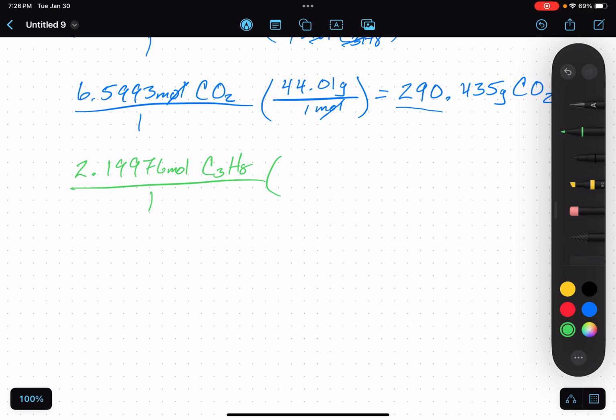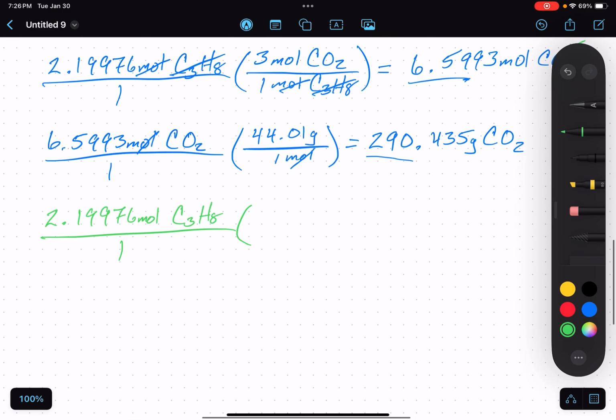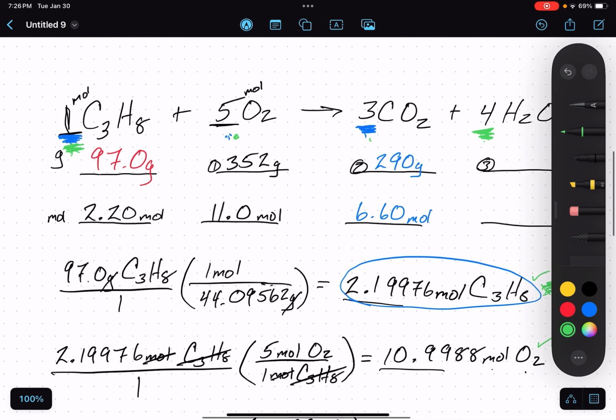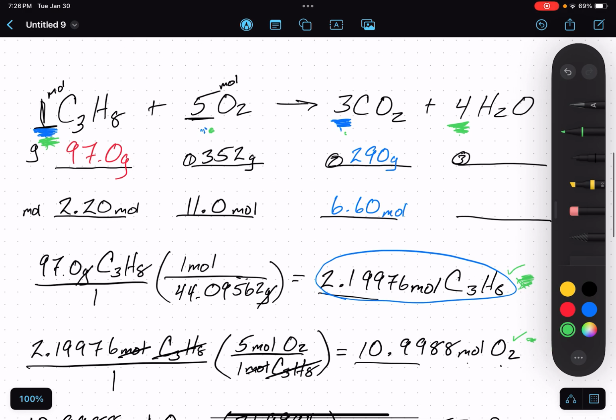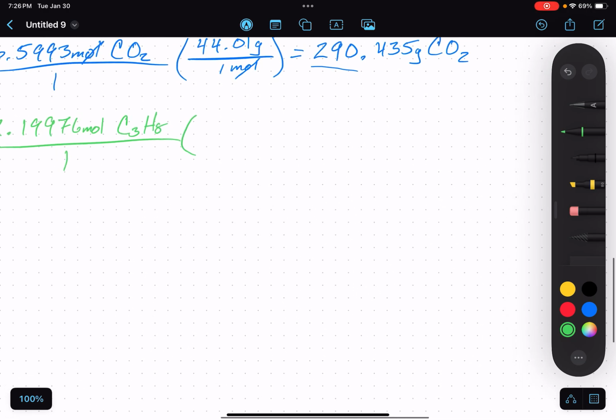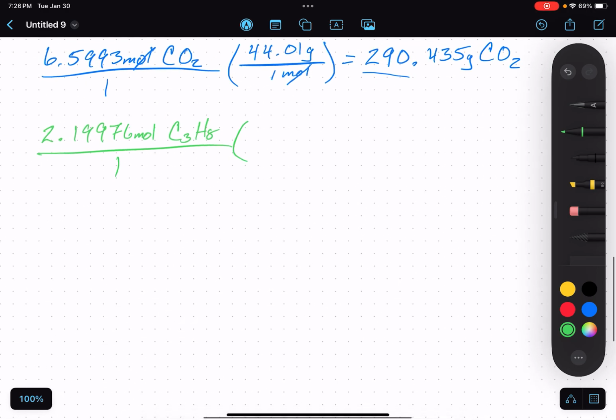Open up a set of parentheses, and I'm going to go from moles of propane to moles of water. So again, it's a 1-to-4 ratio. So I need to use 4 moles of water over 1 mole of propane. Propane's on top, therefore I need propane on the bottom. So that's 1 mole of C3H8.